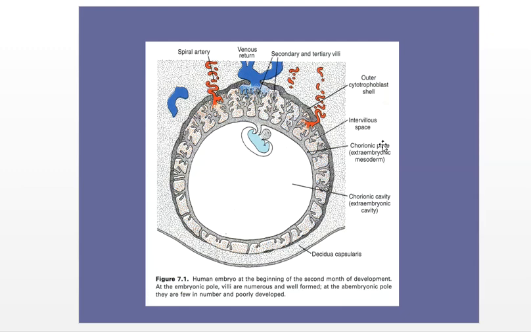When the lacunae are developed, after a short time, around the 11th to 12th day of development, the first communication happens between the maternal capillaries, named sinusoids, and the lacunae, and we say that these days mark the uteroplacental circulation.